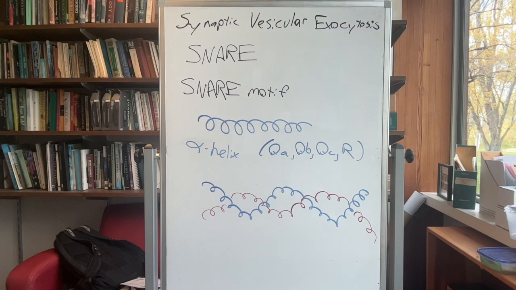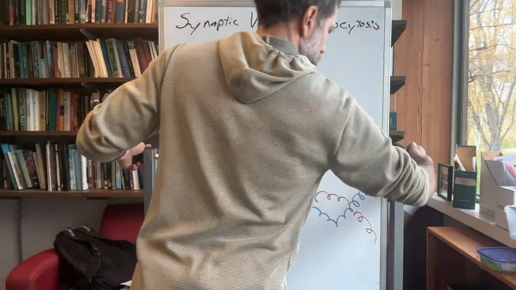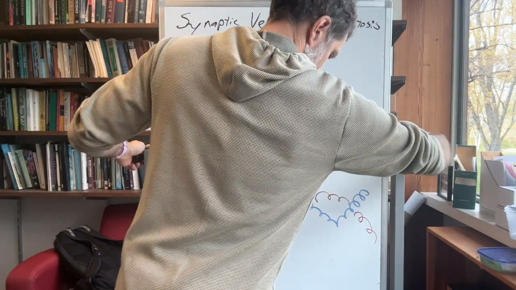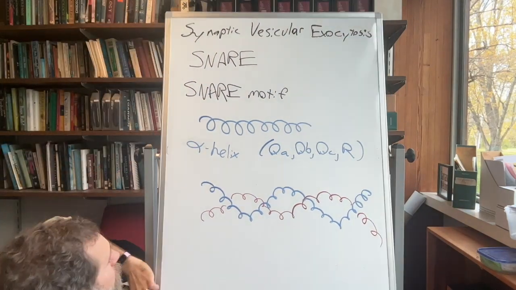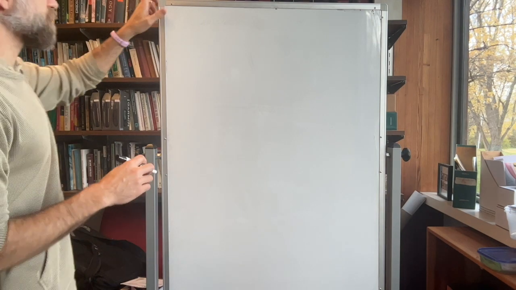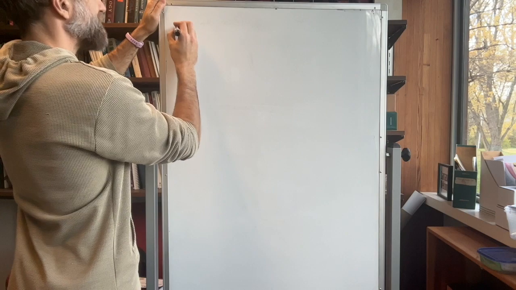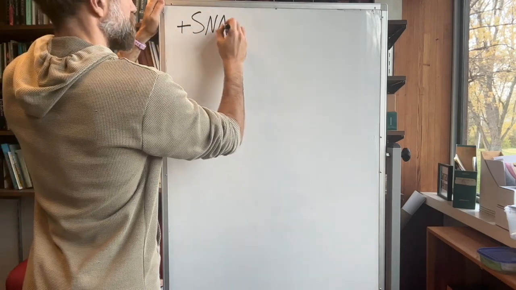So let's introduce our very first SNARE protein. Our first SNARE protein that we're going to talk about is one of 2 SNARE proteins that are subclassified as little t, t-SNARE proteins.